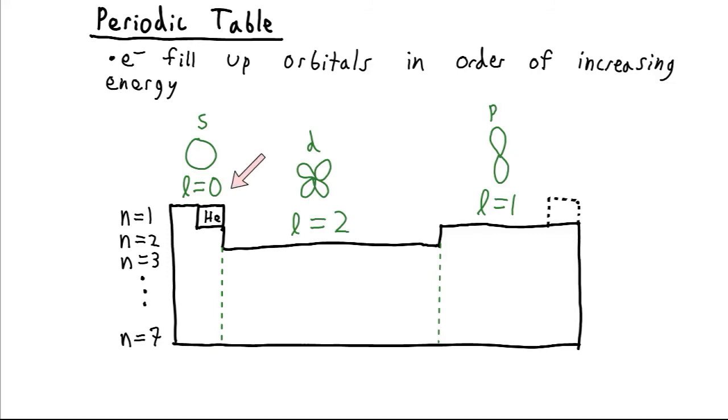So in this case, the only possibility is 0. M sub L can range between minus L and positive L. So that's also going to be forced to be 0 in this case. And we have two values for M sub S, plus 1/2 and minus 1/2. So that gives us two possibilities. And that's why we have a width of 2 for this group over here in the periodic table.